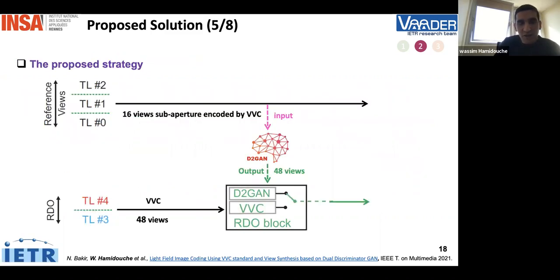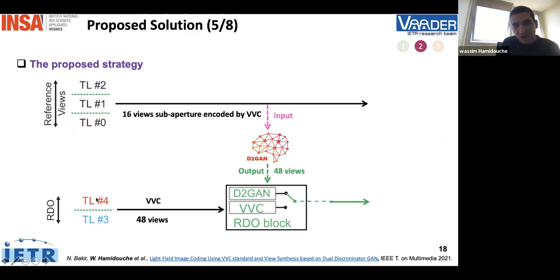So how do we do this? Here we have this solution for the rate distortion optimization problem. We have the reference views which are encoded at the first three temporal layers. Here we have 16 views that will feed the D2 GAN block, which will be able to synthesize 48 views.